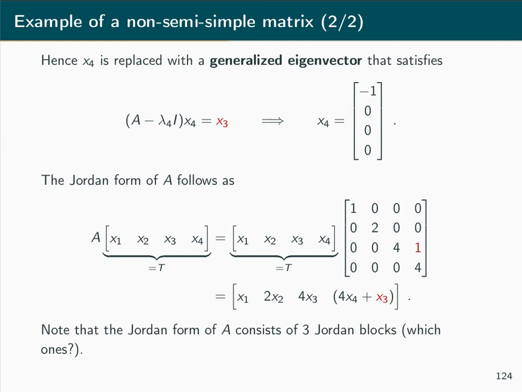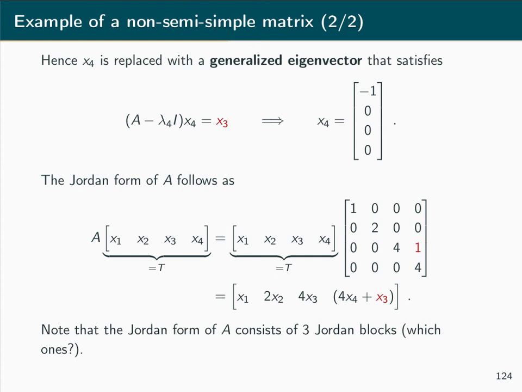And if we do this, we get this generalized eigenvector x4. Now collecting the 3 eigenvectors, x1, x2, and x3, as well as the generalized eigenvector x4 in one big matrix T, we obtain a matrix which is non-singular.